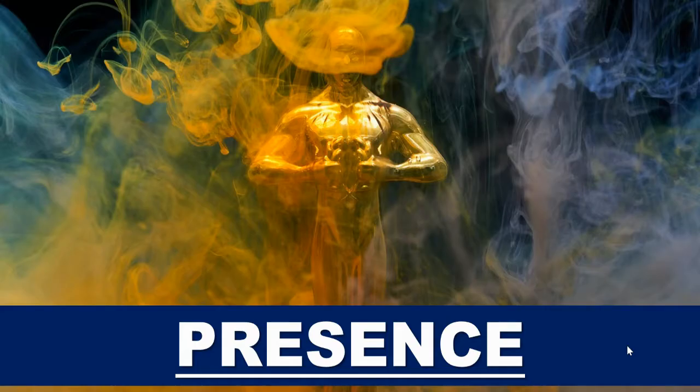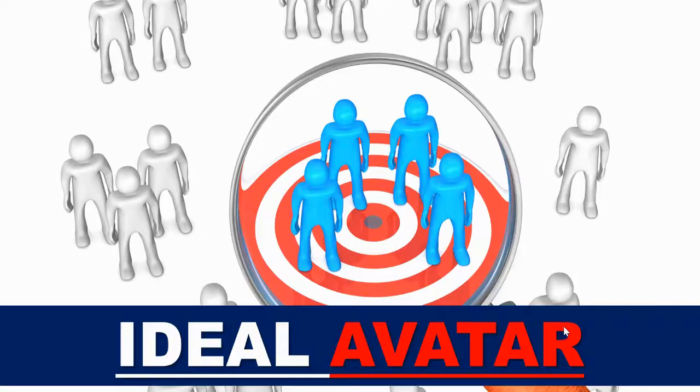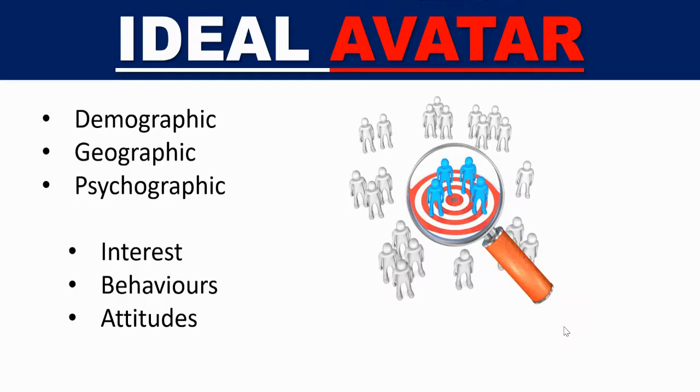So first off is presence. Presence consists of your ideal avatar, your online presence, and then your competitor analysis. So your ideal avatar. I'm sure you've heard this before. Create an ideal avatar. And this is made up of demographic information, geographic information, as well as psychographic information.